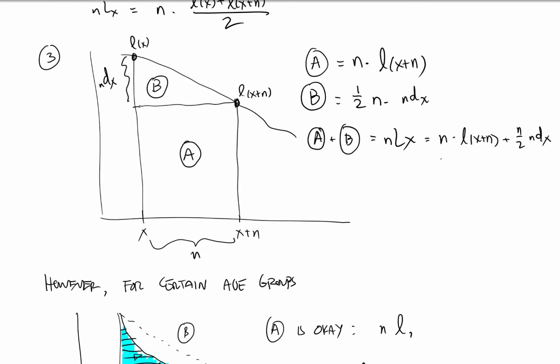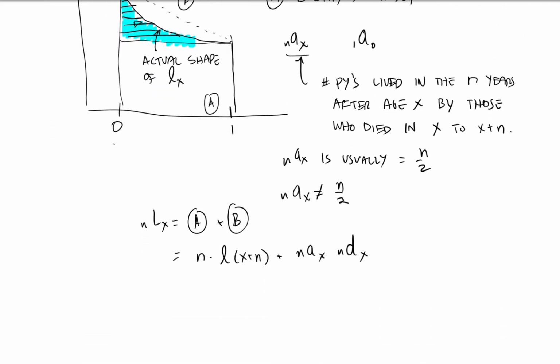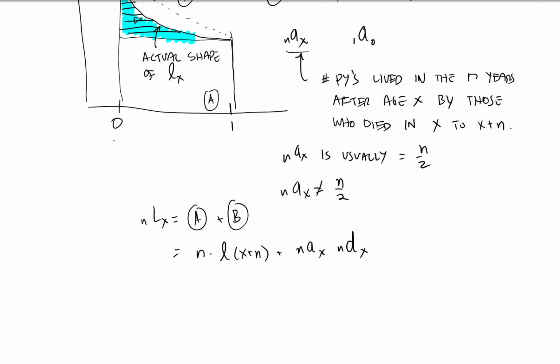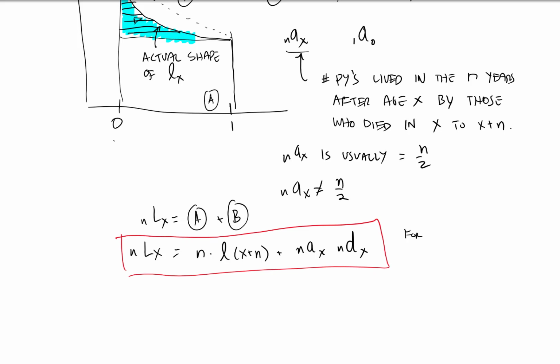We had n times Lx plus n, and then we had an n over 2 times the deaths. Here we're going to say, in general, we have this formulation, and this is so important. I'm going to draw a box around it. And then I'm going to say, for most age groups, nAx is going to equal n over 2.